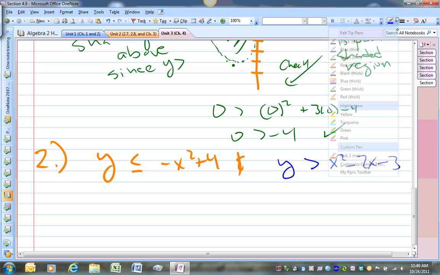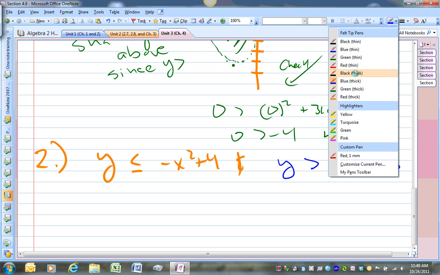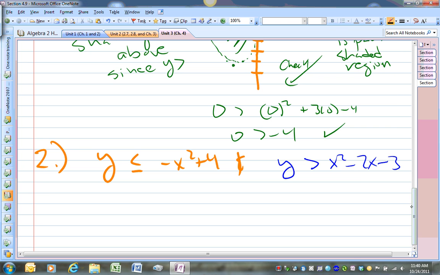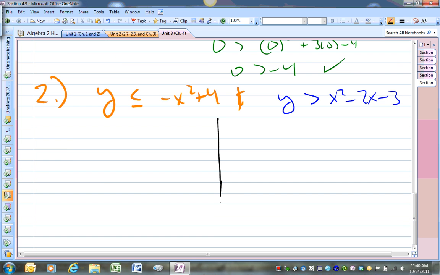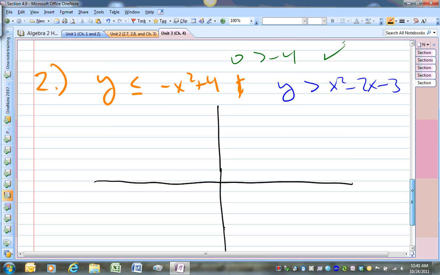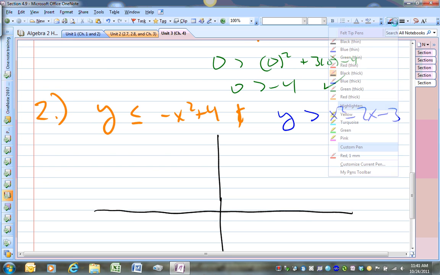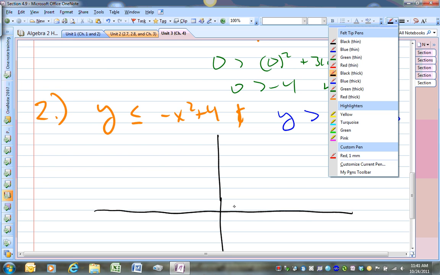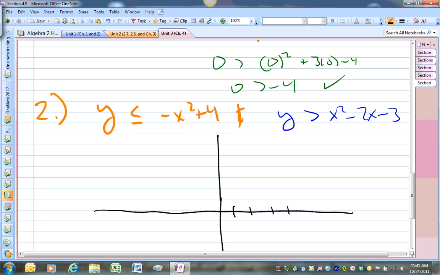Okay, draw a coordinate plane. We'll graph the orange one first, which is y is less than or equal to negative x squared plus 4.